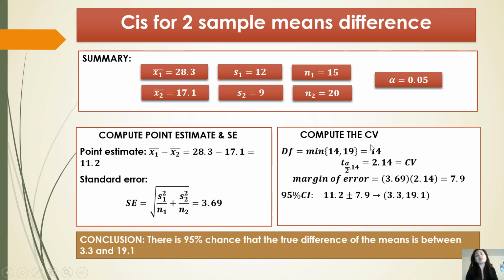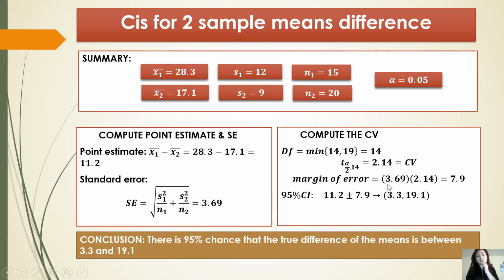Again, we have a more accurate formula to find the degrees of freedom, however, it's too complicated, so for convenience purposes, we use this formula. So the degrees of freedom here is 14, and the critical value here is 2.14.